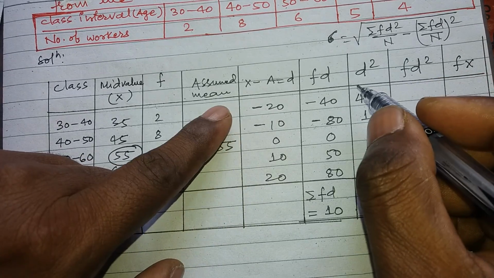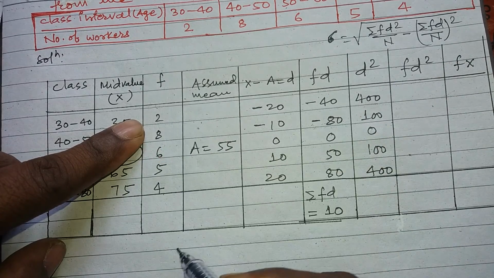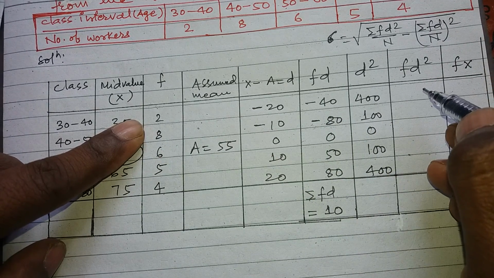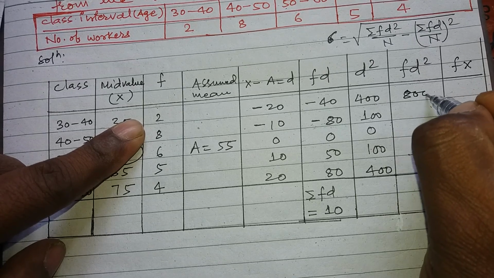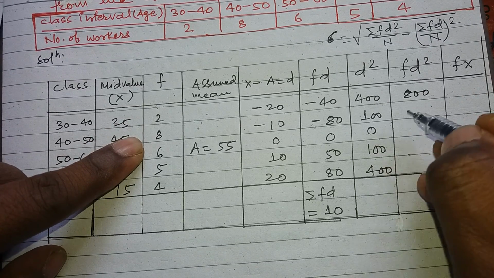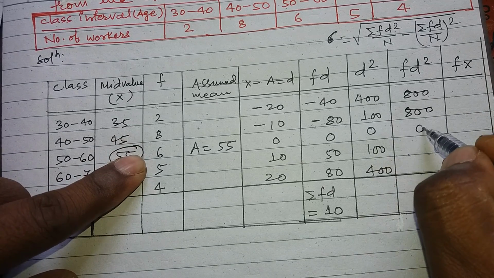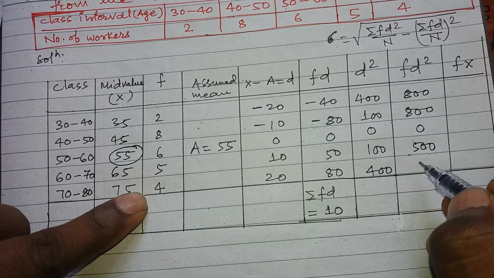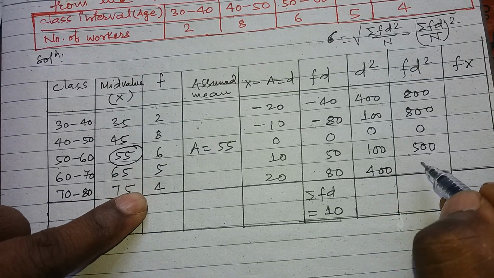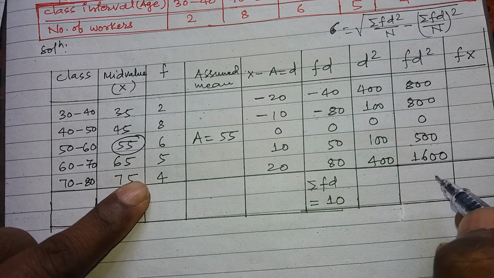After this we multiply f and d square, this column and this column. We'll get 2 times 400 is 800, 8 times 100 is 800, 6 times 0 is 0, 5 times 100 is 500, 4 times 400 is 1600.